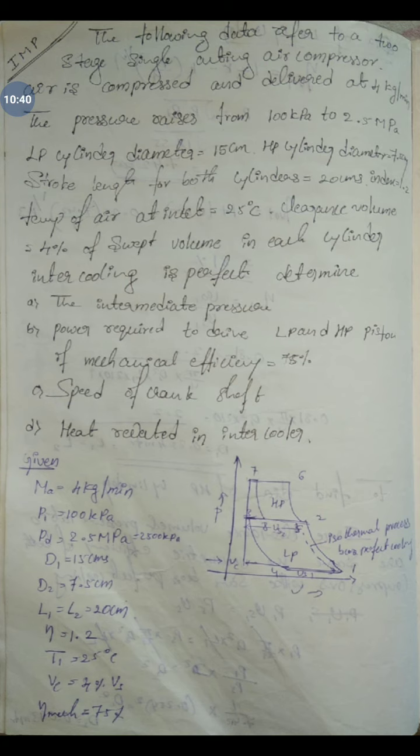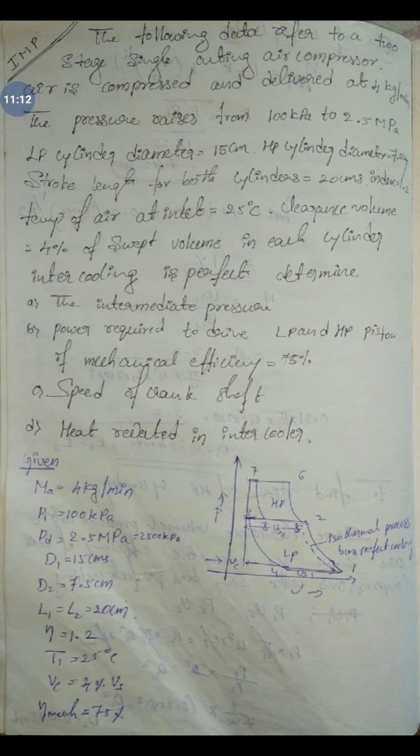He has also given the LP cylinder diameter as 15 centimeters, the HP cylinder diameter as 7.5 centimeters, and the stroke length of both cylinders as 20 centimeters, that is L1 equal to L2 equal to 20 centimeters. The index is 1.2. The temperature of the air at inlet is 25 degrees centigrade. Clearance volume is 4% of the swept volume, that is K value is 4% in each cylinder. He is also saying intercooling is perfect.